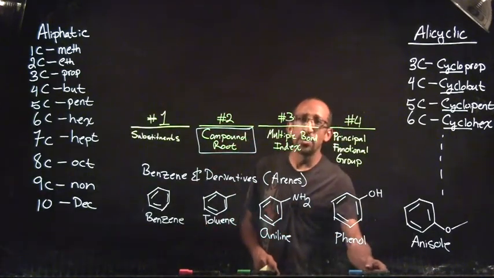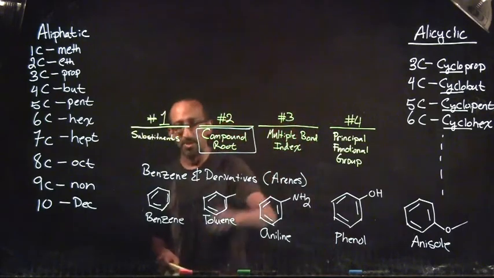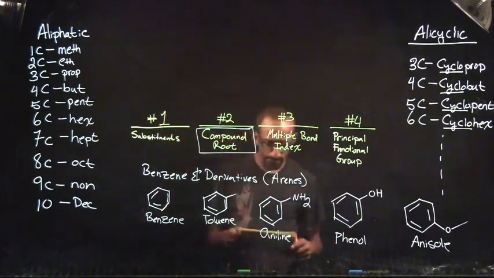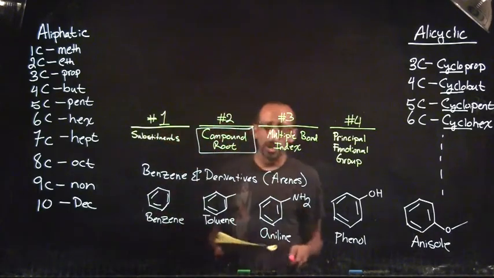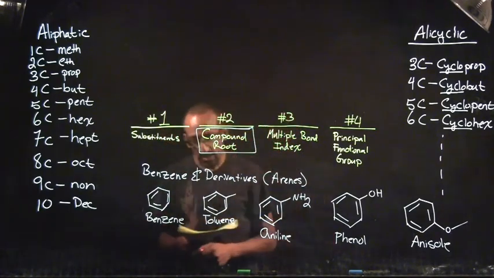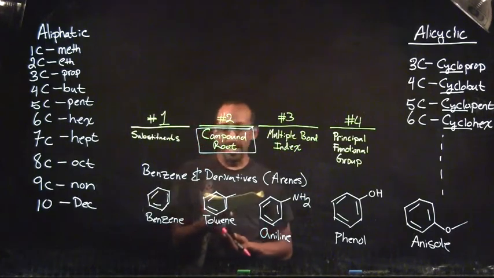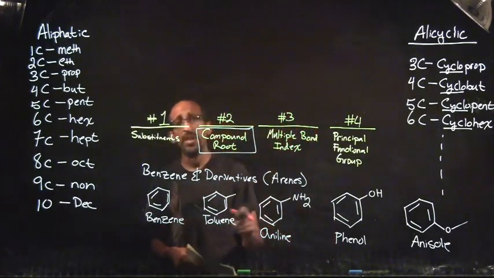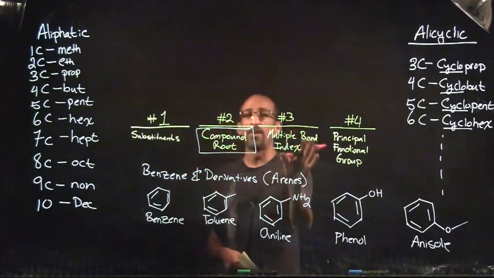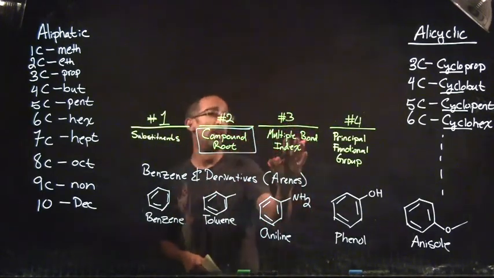The next thing that we want to look at is how do we determine the multiple bond index? So the multiple bond index comes immediately after the compound root in the name, and it specifies the quantity and type of carbon-carbon multiple bonds in the molecule. So this multiple bond index is only for carbon-carbon multiple bonds.